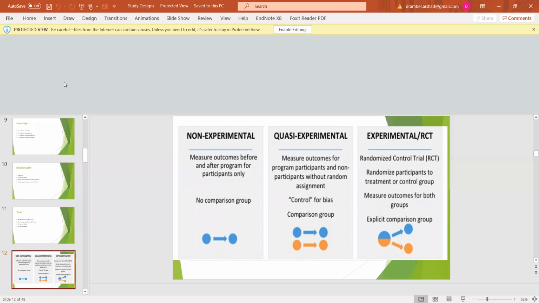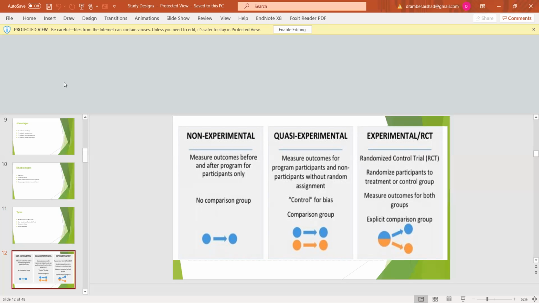In a non-experimental trial, the outcomes are measured in the participants after the intervention, but there is no comparison group. In quasi-experimental trials, the outcome is measured in the participant group and in the control group, but the key factor of randomization is missing.